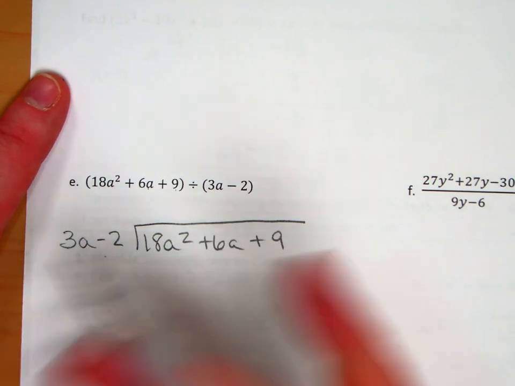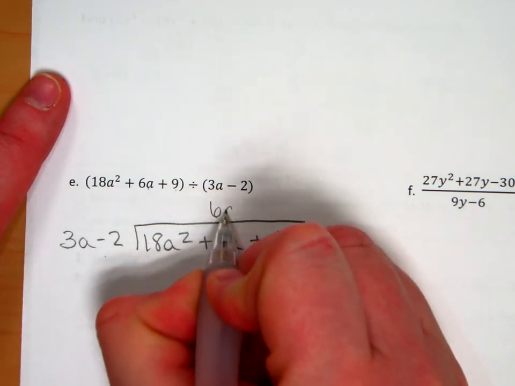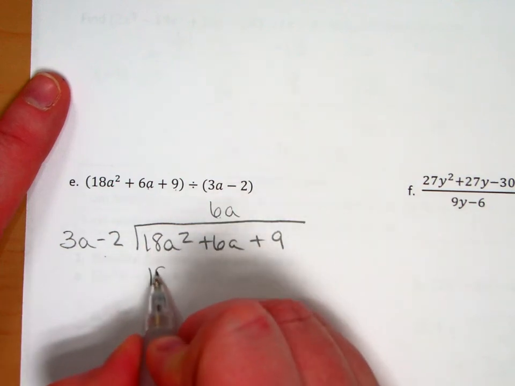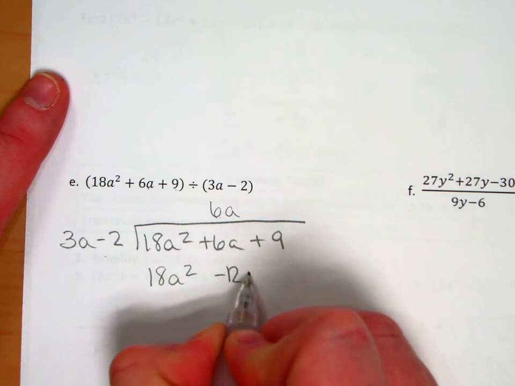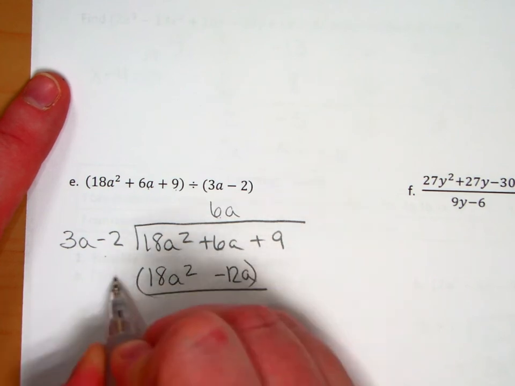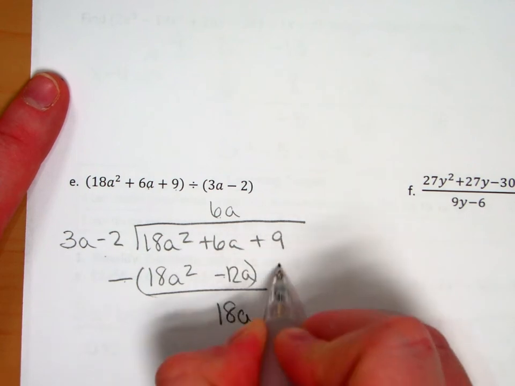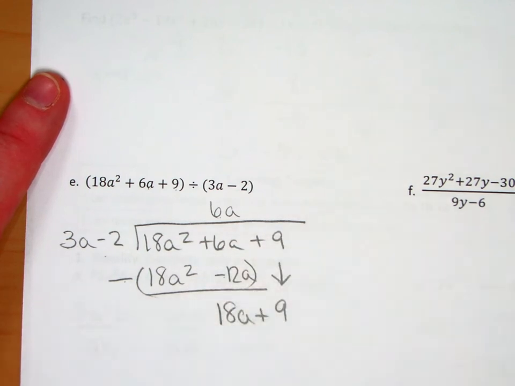What times 3a gets you 18a squared? 6a. 6a times 3a is 18a squared minus 12a. Minus, cancels out, 6a minus 12a gives me an 18a. Bring down my 9.